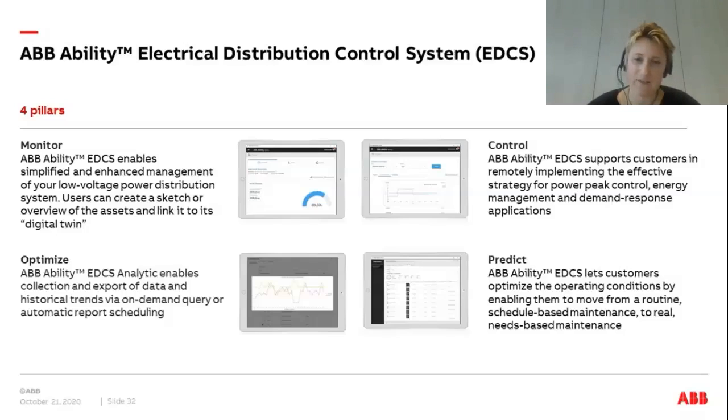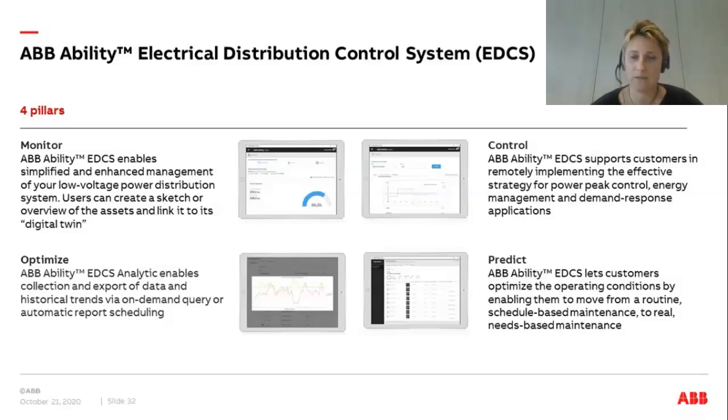The last but not the least, we have Predict. The first 3, monitor, optimize, and control, are part of the standard package, while Predict is an additional feature and can be ordered as a complete package, talking about a premium license, or as an add-on limited to some devices in the plant, the ones that we want to monitor.